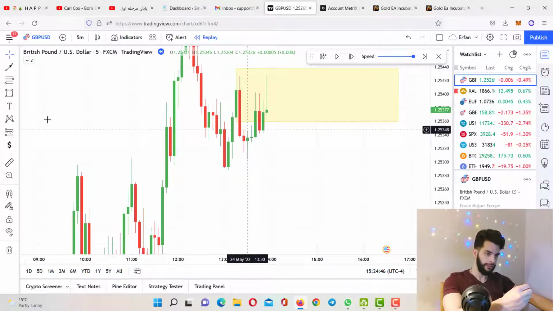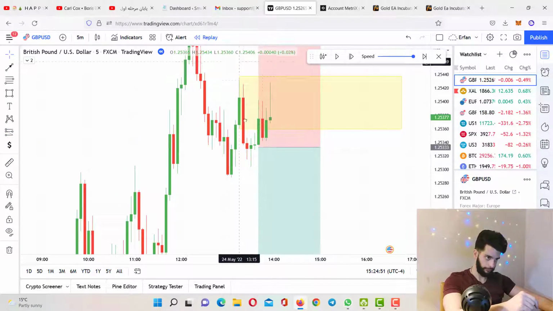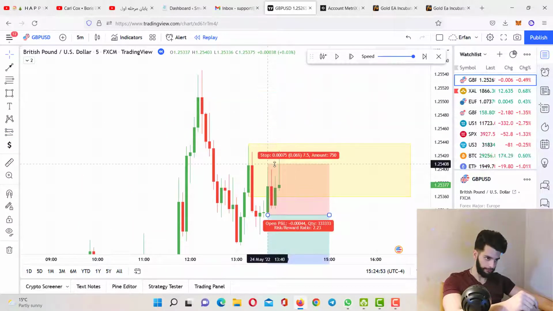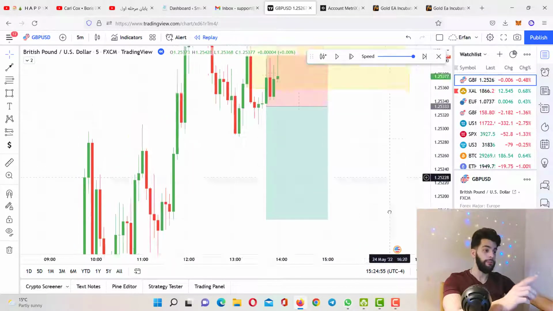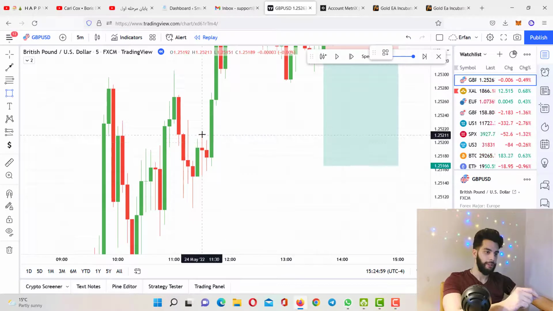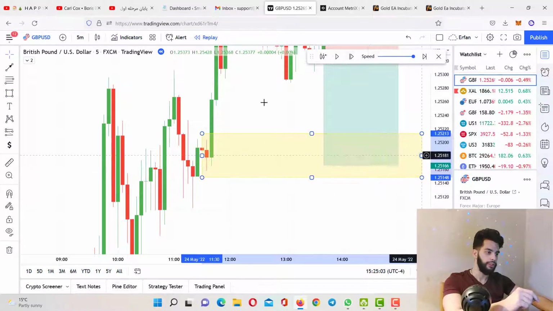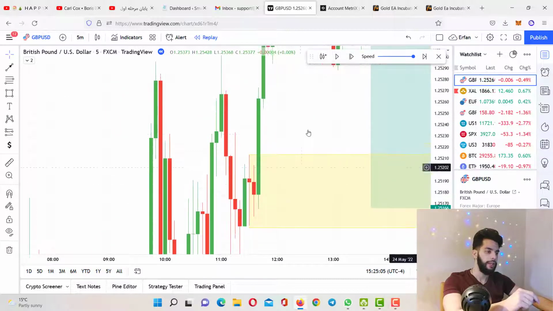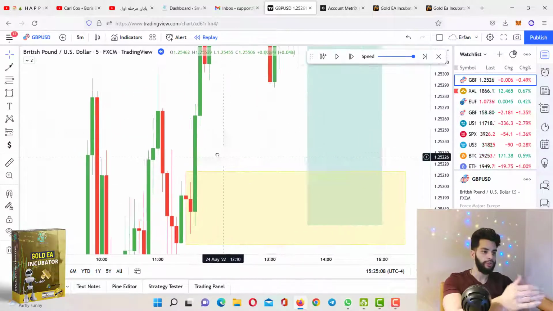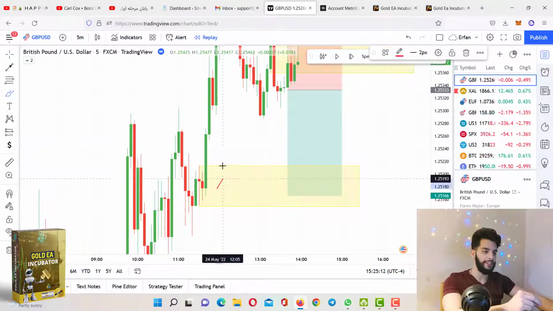So I saw this candle, I had my seller stop right here, my stop loss right here, and my TP was exactly here, because see, these are the last two bearish candles before this big move happened, and the next candle after that never tapped into the zone. So I knew that this is a high probability demand zone, and this is an obvious gap that happened right here.